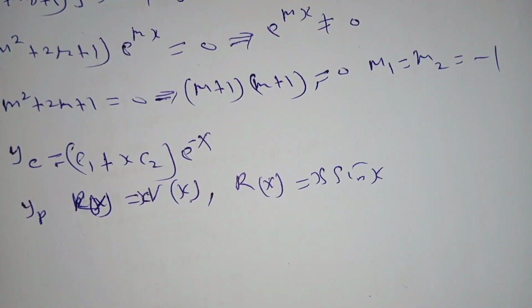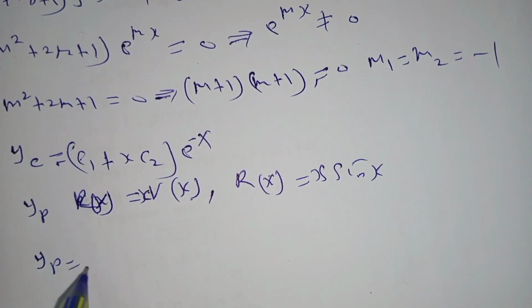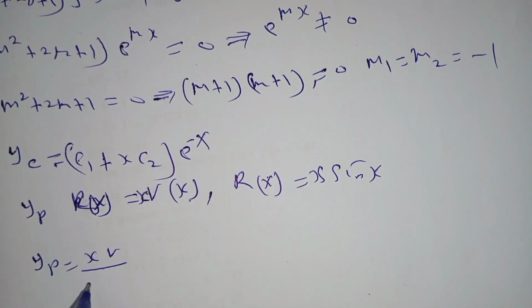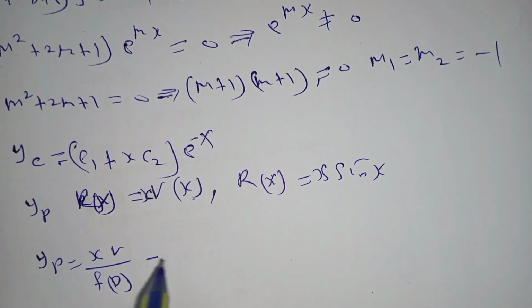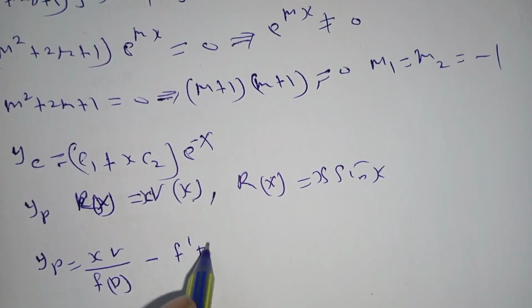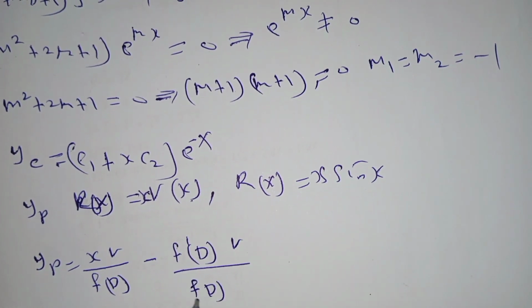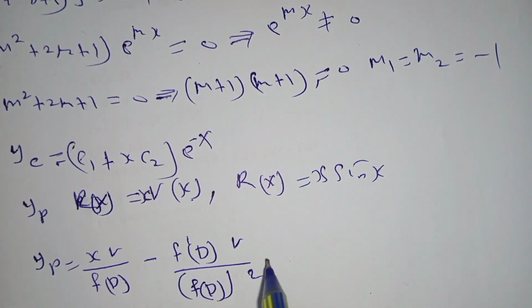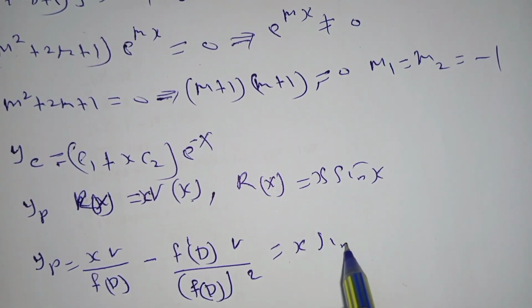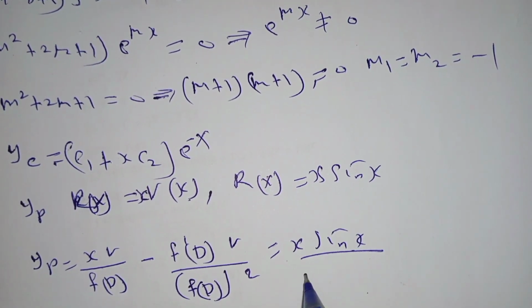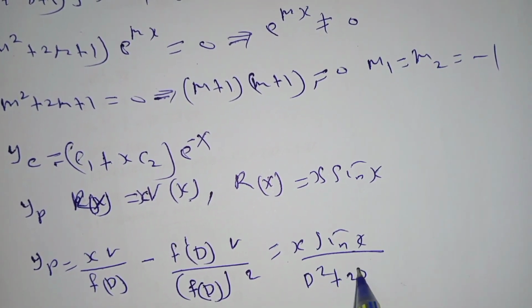And now we make use of this general formula: Yp is equal to x V over f(D) minus f prime of D multiplied by V over f(D) squared. We substitute x sine of x over D squared + 2D + 1.